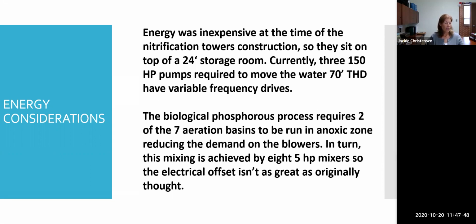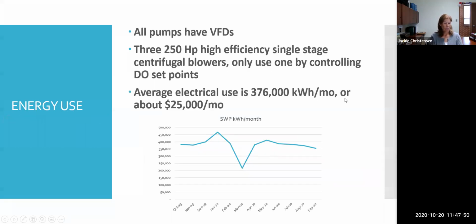Okay. So I ran just our energy use. Keep in mind that all the major pumps out at Southwest do have VFD drives on them, so that helps. The blowers are 250 horsepower. They are single stage centrifugal blowers.